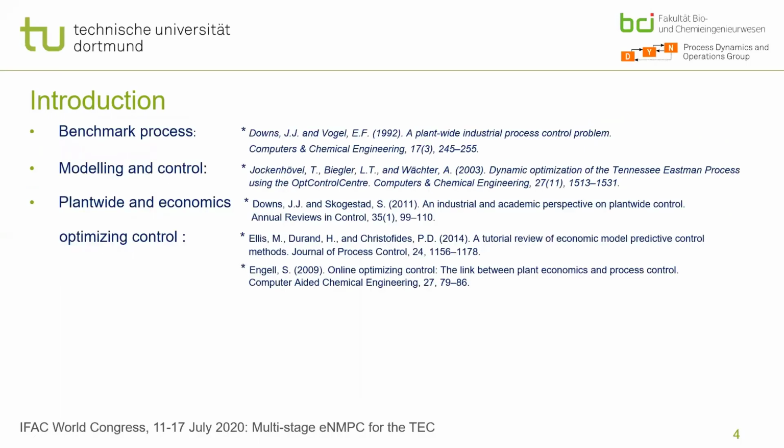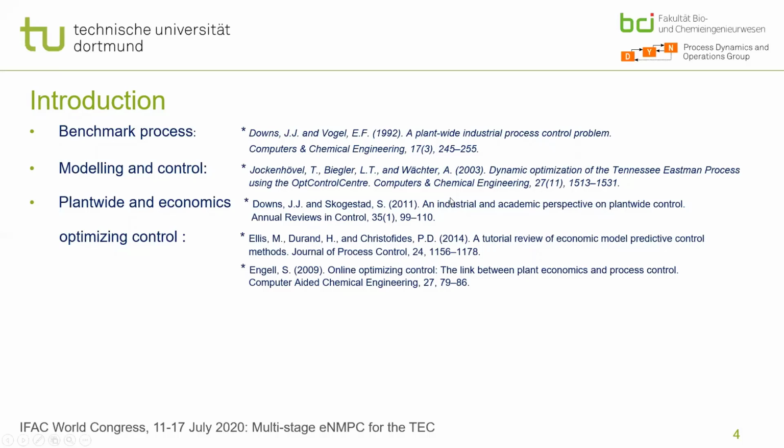As for the benchmark process, it was introduced by Downs and Vogel in '92, and it was meant to be a benchmark problem for plant-wide control and process monitoring. It has since been used for many more other applications. It's a popular benchmark case.